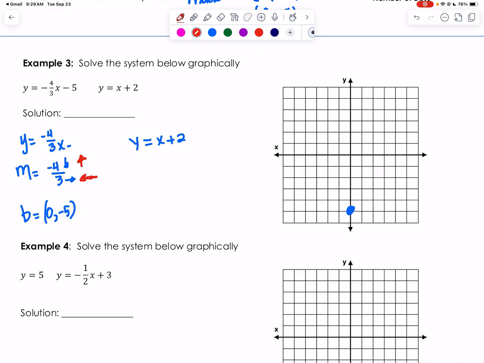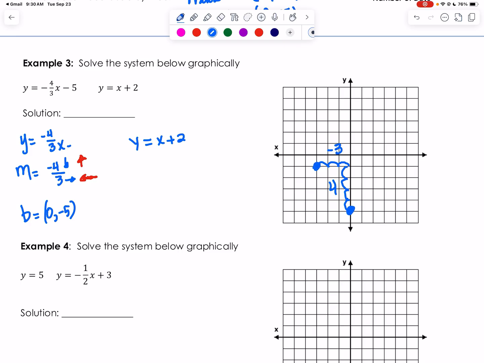Up and left, okay? So, go 1, 2, 3, 4. We went up 4. And we're going to go to the left 3. So 1, 2, 3. And that's where your new dot will be.